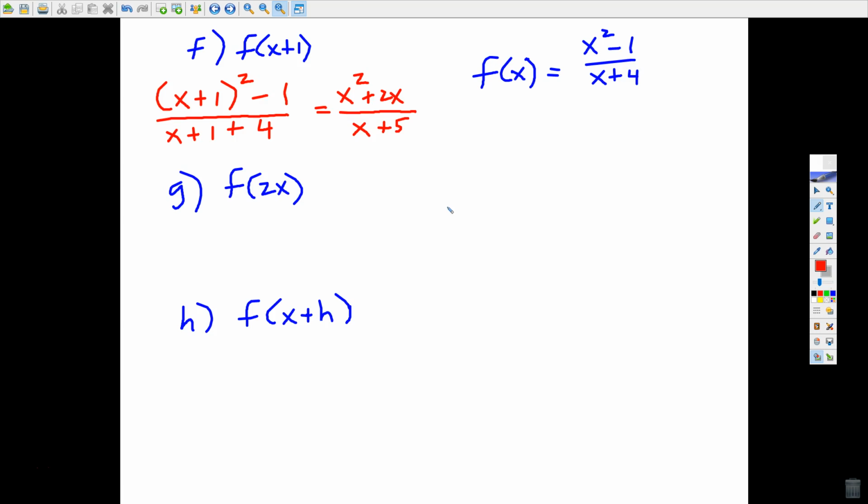Okay? Let's prove it. It's always good to use some actual numbers. Let's see if I can make this come out nice. Let's do this.